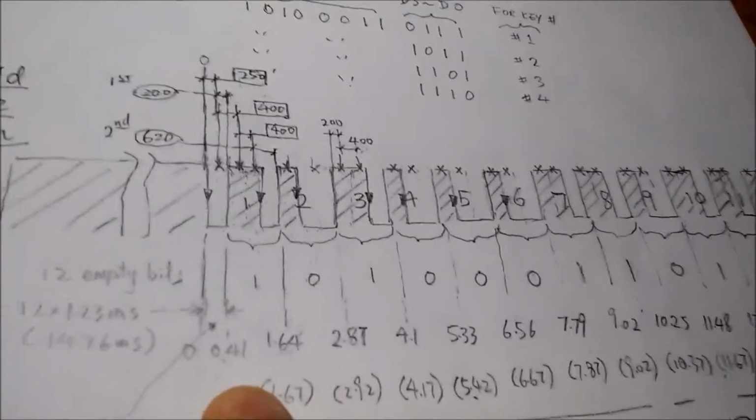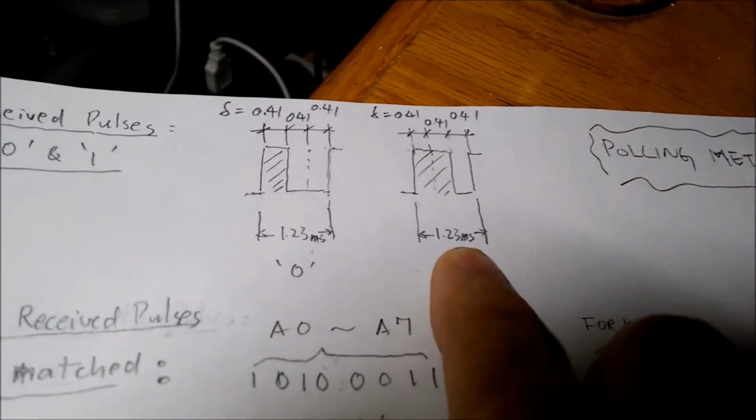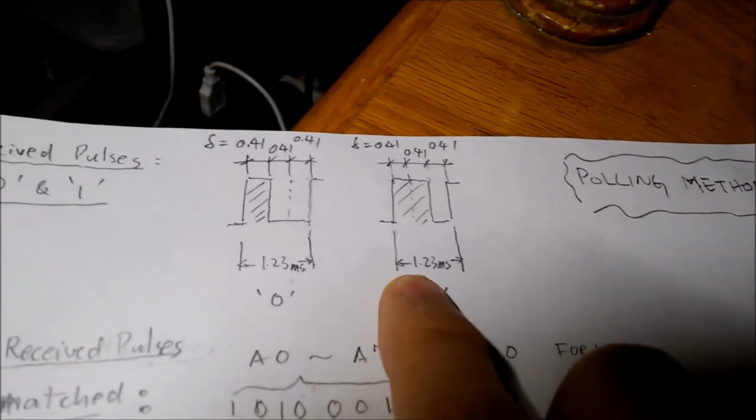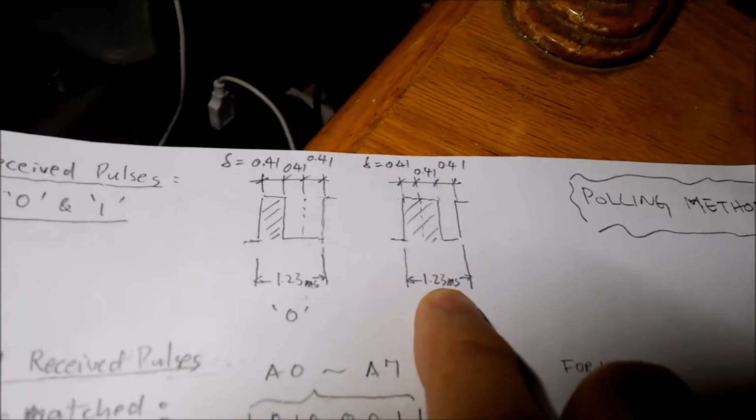For example, this time length of 1.23 milliseconds, I will turn it to 1213 microseconds. So here, when checking the 12 address bits and data bits, I will use the microsecond timer function here.